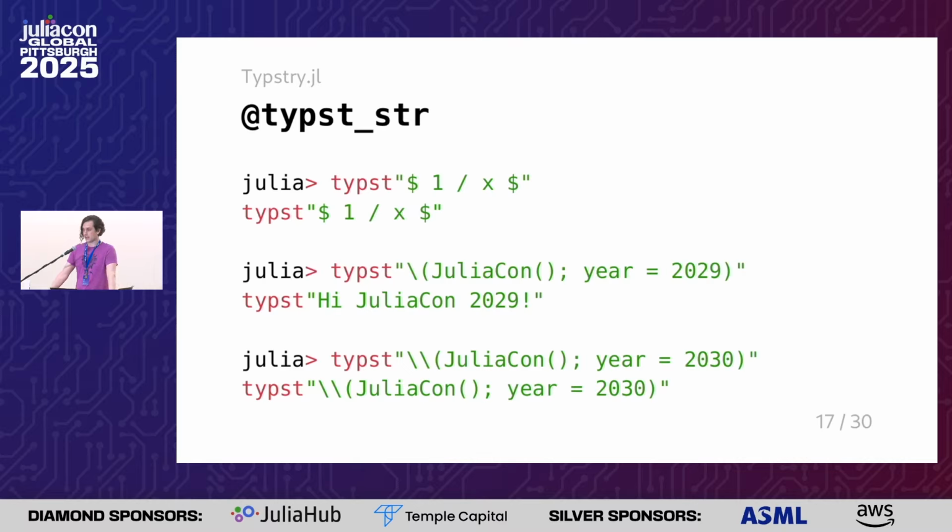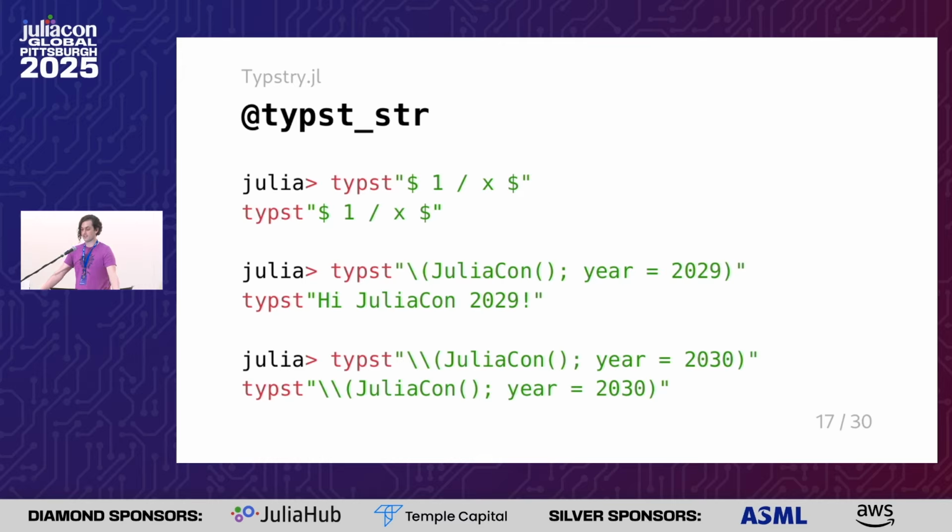Yeah, and once again, we're using a string macro to construct these strings. So this is kind of a feature similar to LaTeX strings. In the first example here, you can see we're using the dollar signs, and it's not interpolation. So this string macro is very similar to a raw string, but it also supports interpolation.